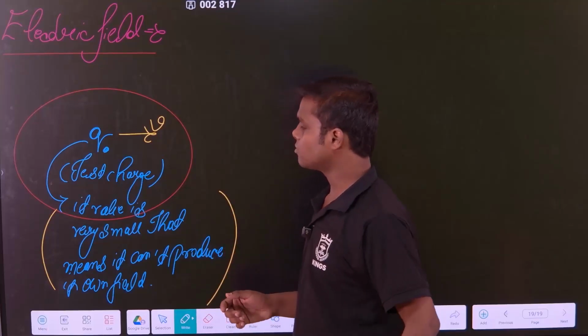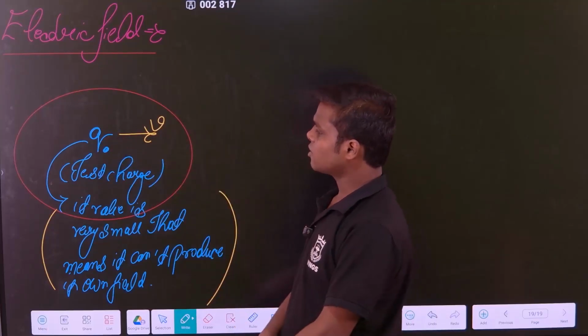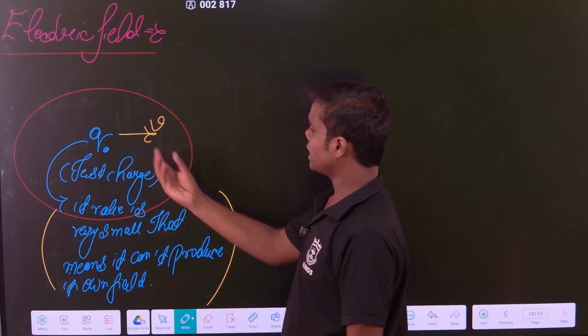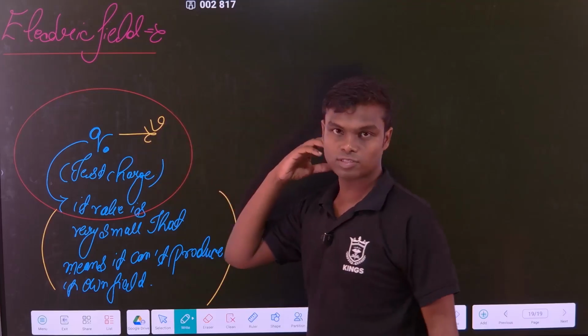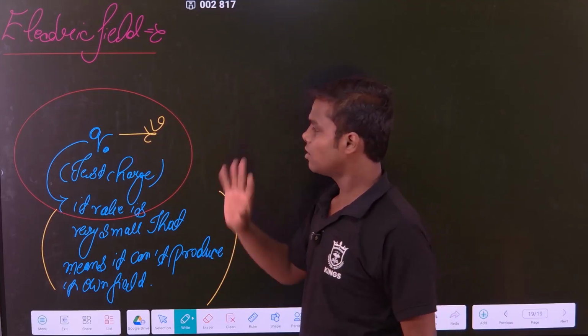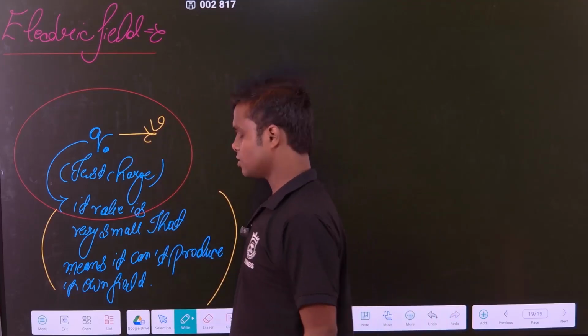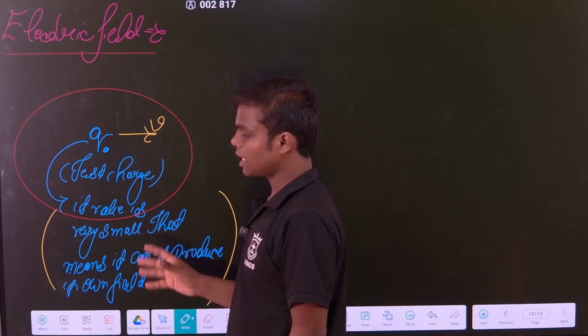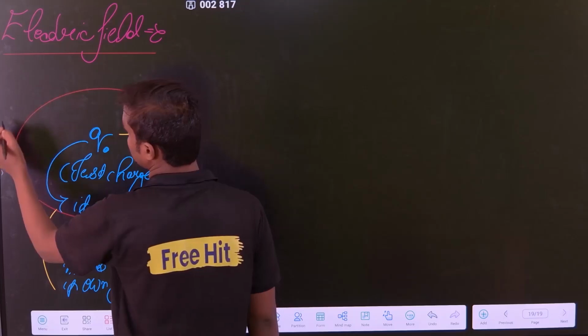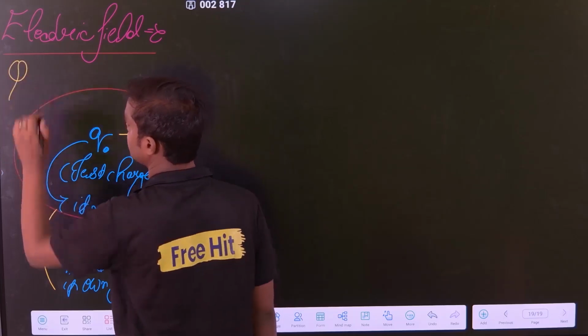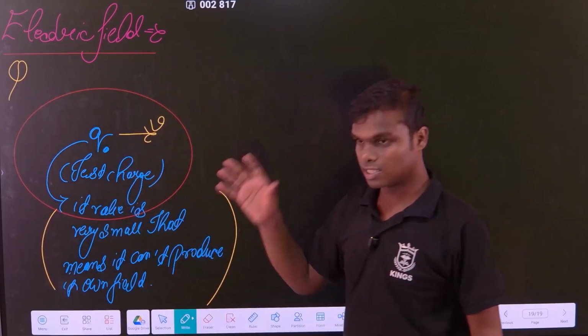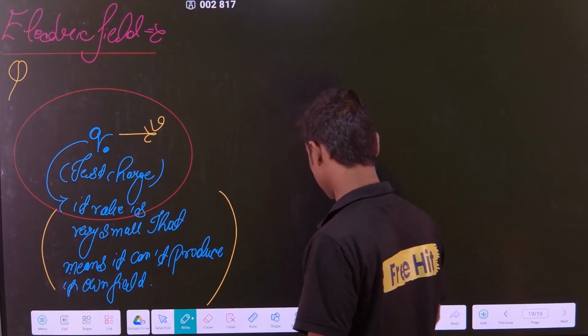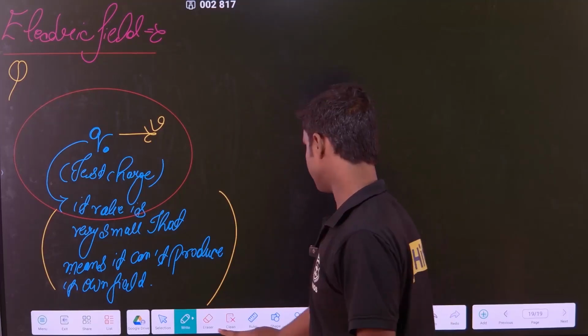What they observed is that they placed one charged particle Q0 and saw it moving with a velocity v. Let me make it more clear.